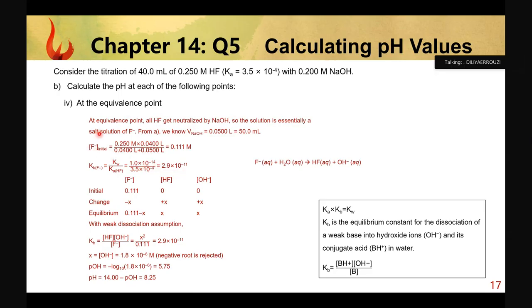So we can calculate the concentration of fluoride, which is the moles of this hydrogen fluoride divided by the total volume. We cannot use this mole per liter directly. We must consider the volume change. So we calculate the moles first, then divide it by the total volume. Then we can get the concentration.